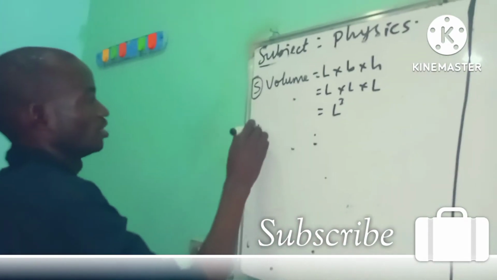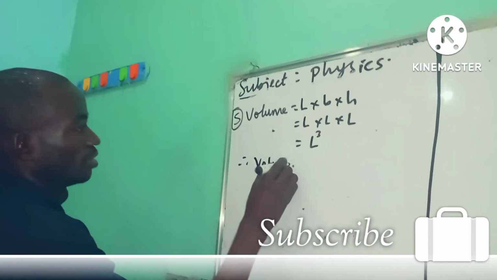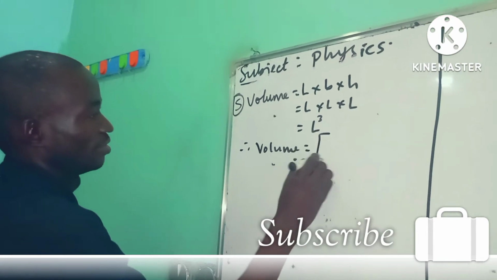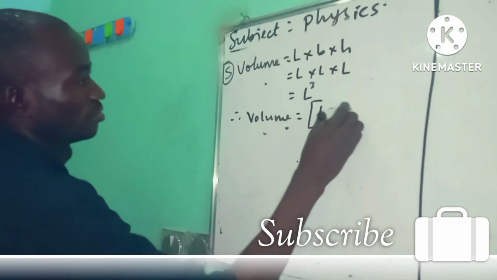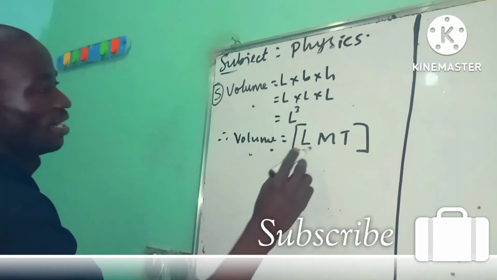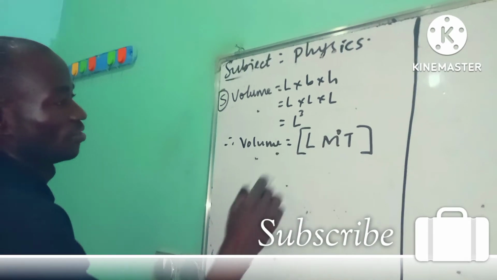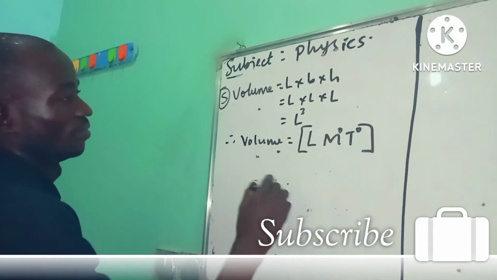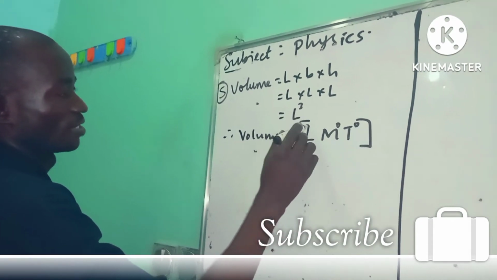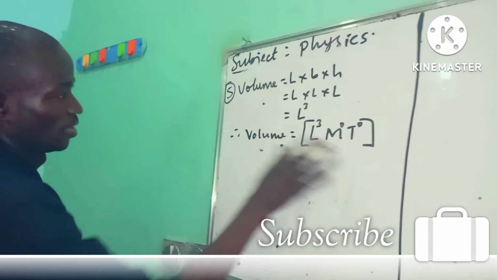So dimension of volume can be expressed in terms of L, M, T in square bracket. Now here M is 0, you put power of 0 there, T is 0, and then L is present, so you put the power of 3 here. So this is the dimension of volume.